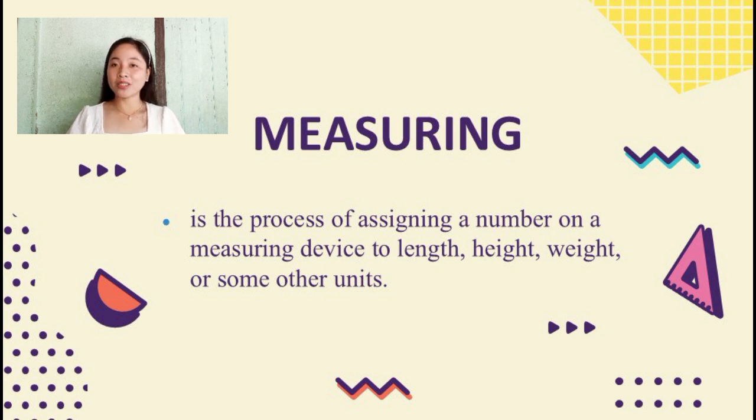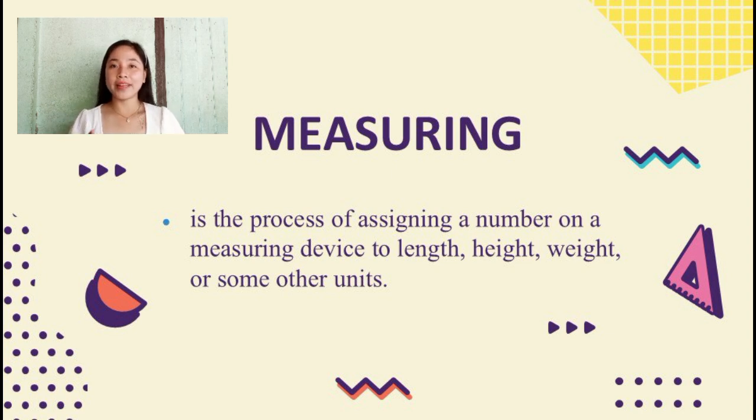We all know that measurement is an idea that most people are familiar with. And measuring is the process of assigning a number on a measuring device to length, weight, height, or some other units.